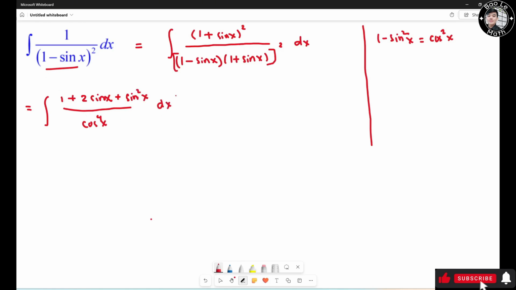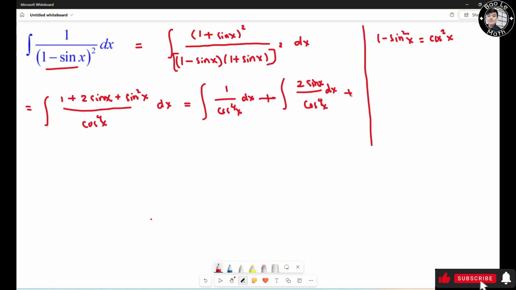Now, I'm going to split this into 3 integrals. The first one is going to be 1 over cosine to the 4 of s ds. The second one should be 2 sine s over cosine to the 4 of s ds.